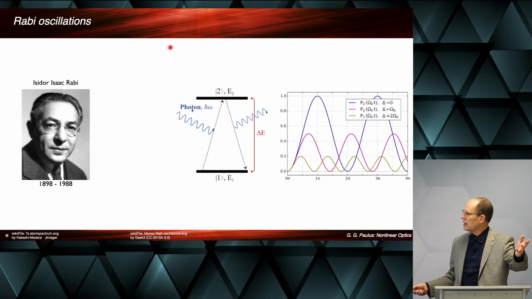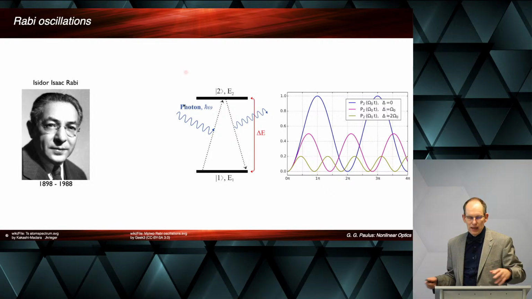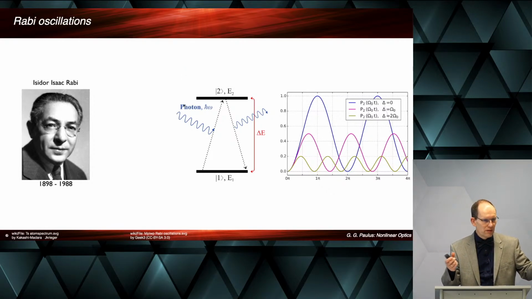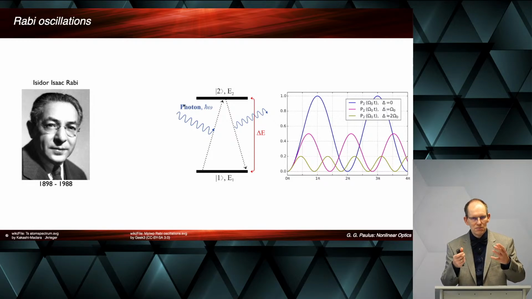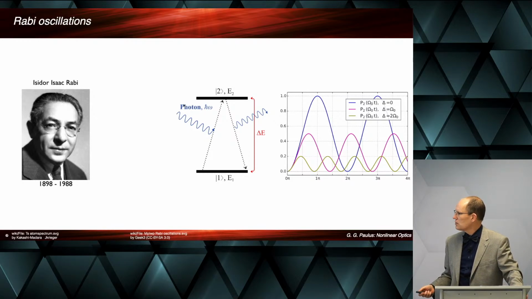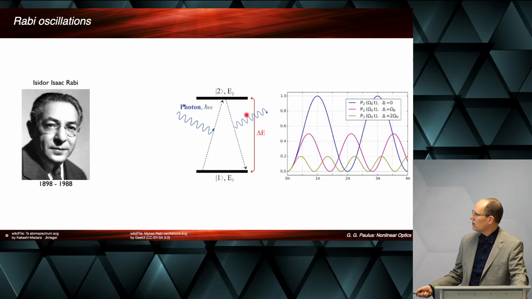In MRI, it's of course done with the nuclear momenta. If you have an ensemble, then all these excitations can dephase, and in order to get a good response, one needs to rephase it. So there are all kinds of tricks connected to that.